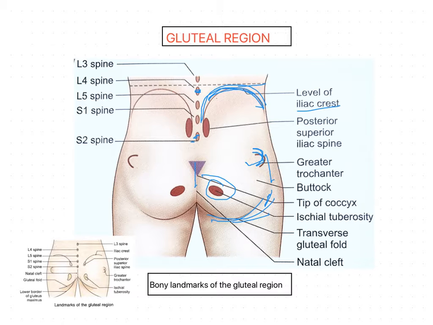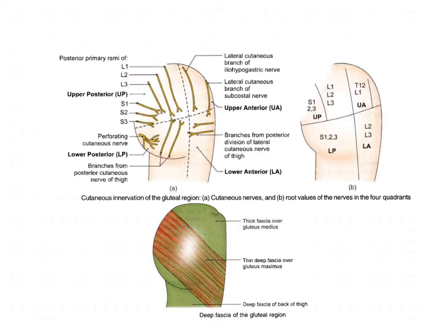Now we will see the next layer, that is the superficial fascia. The superficial fascia is heavily laden with fat, which is more in females, and is tough and stringy over the ischial tuberosity.